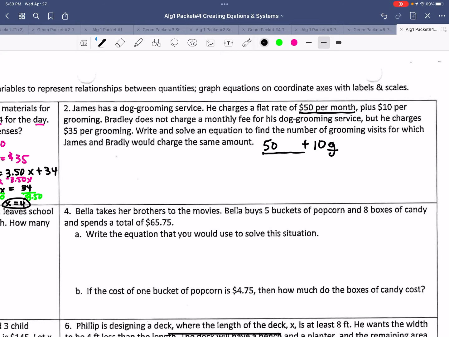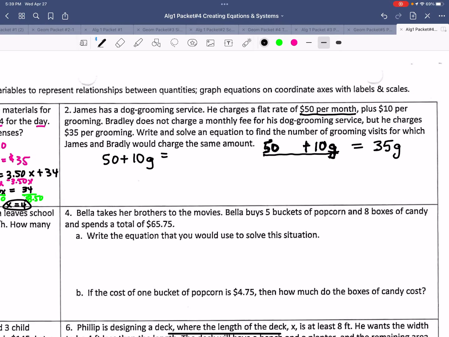So the first equation, he would charge the $50 and then just $10 additional for each grooming, right? The other guy is just charging $35 per grooming. So our equation is 50 plus 10 times the grooming equals 35 times the grooming.